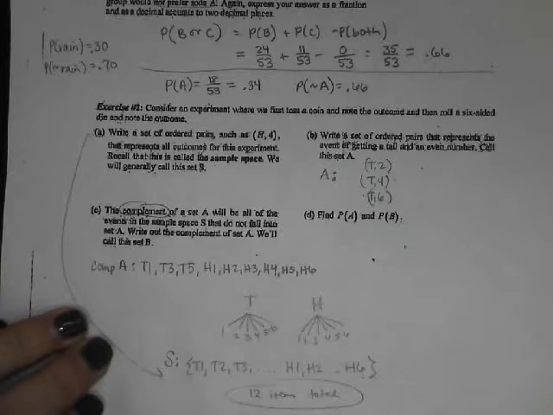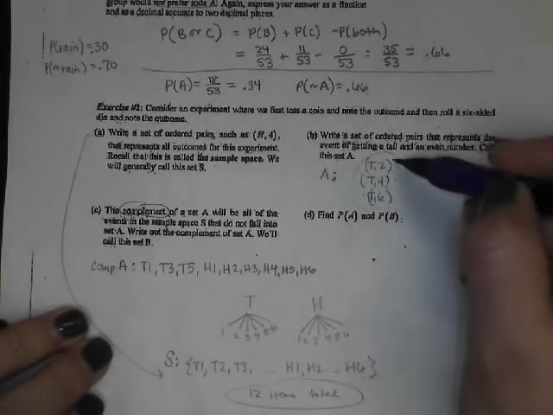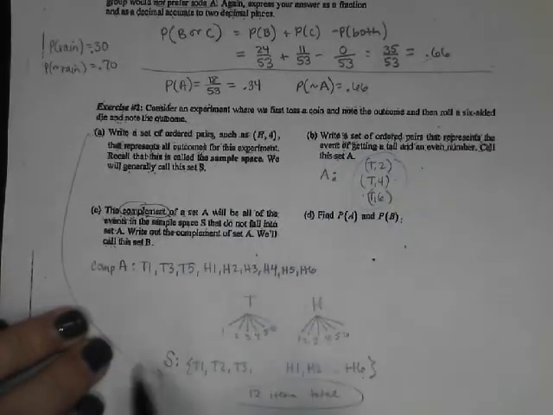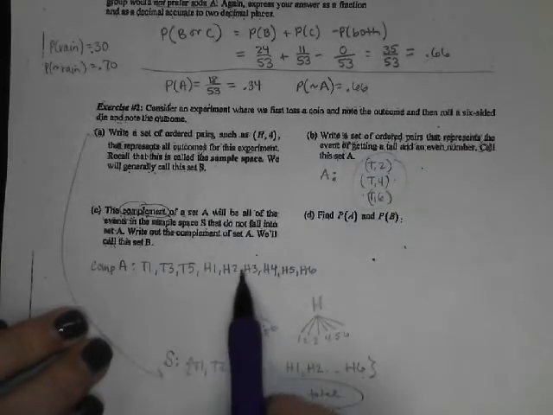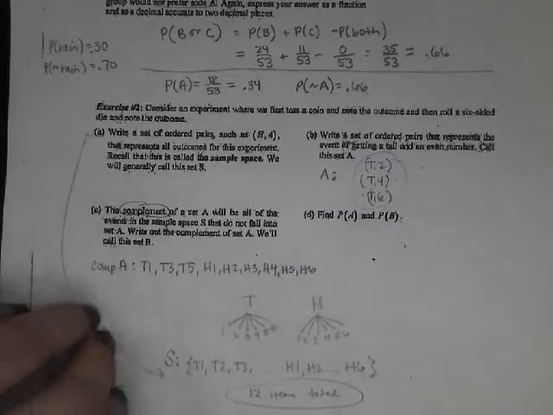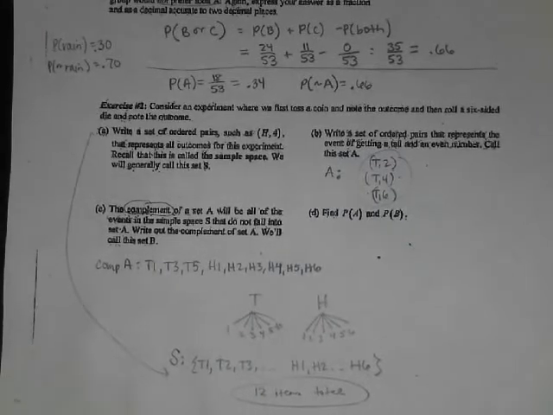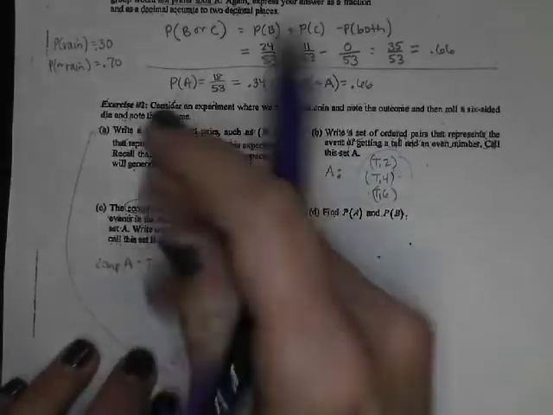So if there were 12 items total, 3 in set A, that means there's 9 in the complement. 1, 2, 3, 4, 5, 6, 7, 8, 9, just to make sure I didn't miss any. And we're calling this set B.